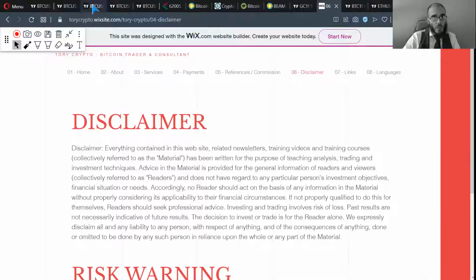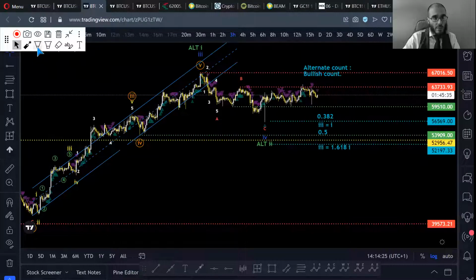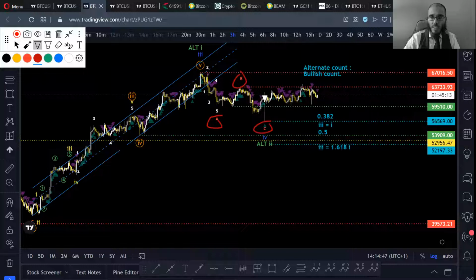And now we're going to take a look firstly at the bullish count. So the bullish count, my alternate bullish count, is now less likely. And to show you that, I have to take a look at a smaller time frame. But firstly, the thing that makes it unlikely on the bigger time frame is just that you have an A, B, C. But the C is a flash crash, and the flash crash could not happen on every exchange.